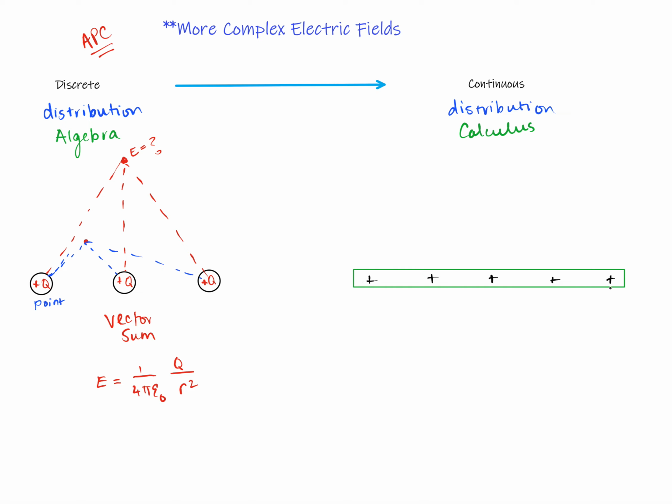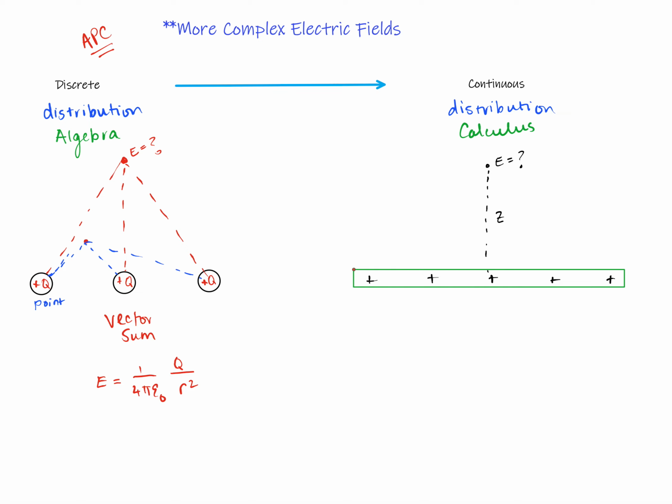So this may be a conductor. Okay, now let's say that I want to figure out what's the electric field at this central point here that's maybe Z units away from the bar. Well, if you think about it, right, the electric field's not just due to this point right here, and we can't treat it like a center of mass or a center of charge, if you were using the charge analog, because it's not really the same thing, right?